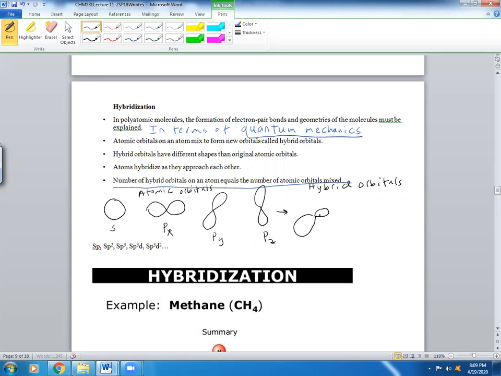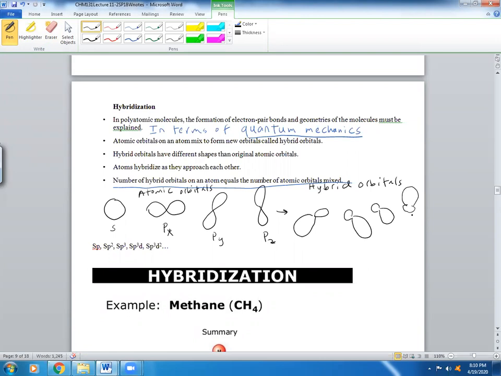Large lobe, small lobe, large lobe, small lobe, large lobe, small lobe, and of course, the last one would look like this.